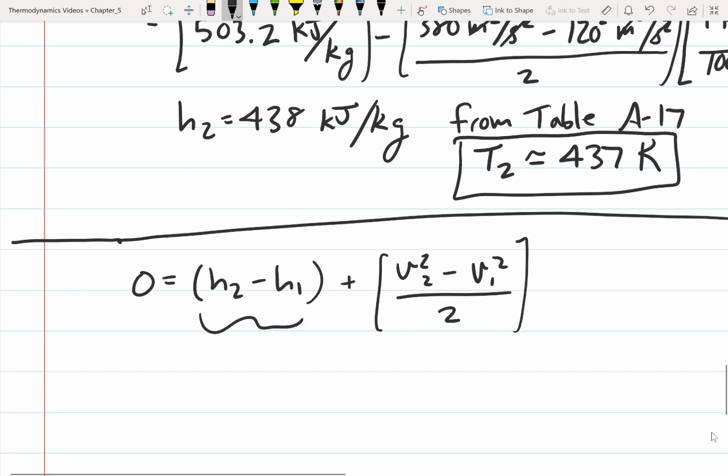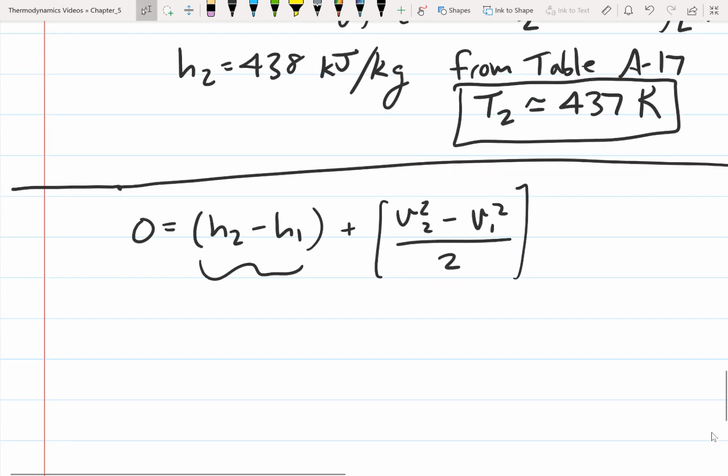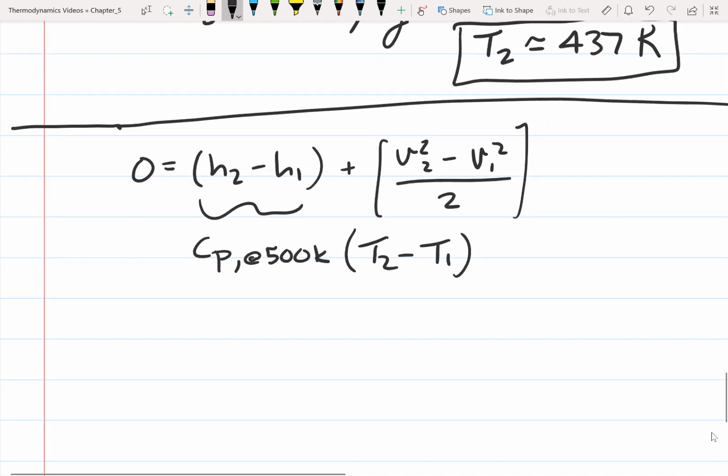And then we're going to replace delta H with C sub P, at 500 Kelvin, so this is at the entrance temperature, times (T2 minus T1). The reason I'm just using the entrance temperature is because we don't know what the outlet temperature is, so we can't very easily calculate an average temperature for the specific heat.